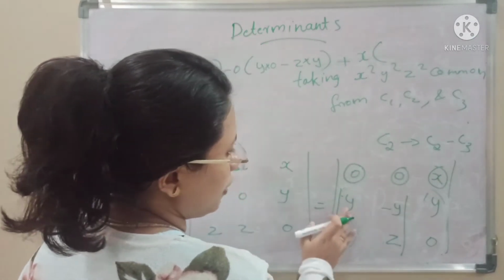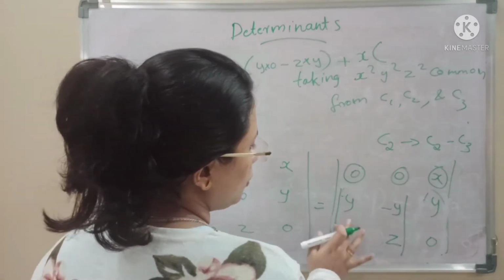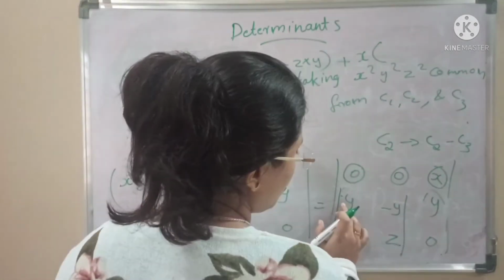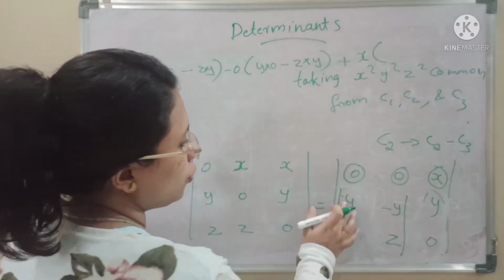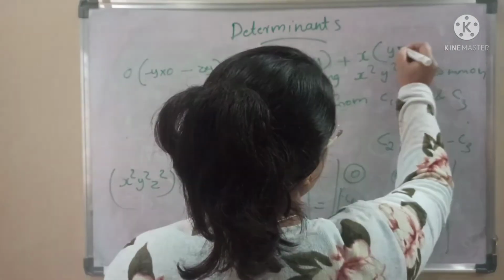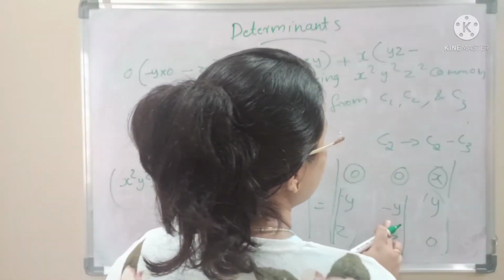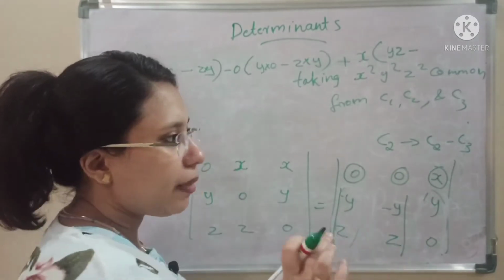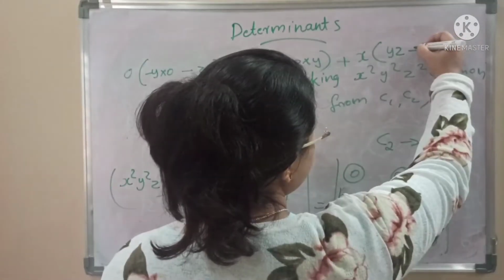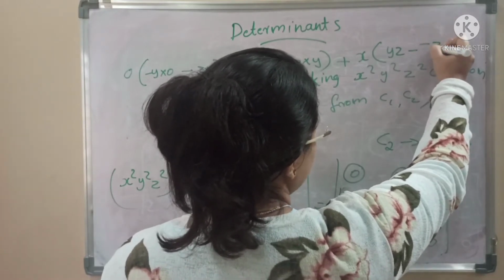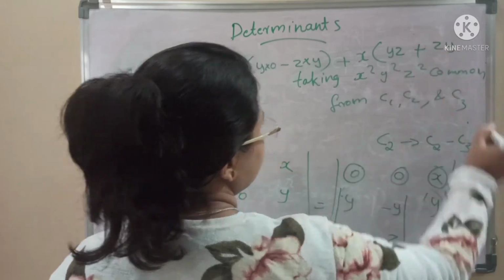so this is the order. Okay, first this one and this one, or when we do, if we consider these two, first do this one, then this one. Okay, so this is the order. So yz minus z into minus y, it will be minus zy, right? So minus and minus will turn as plus.